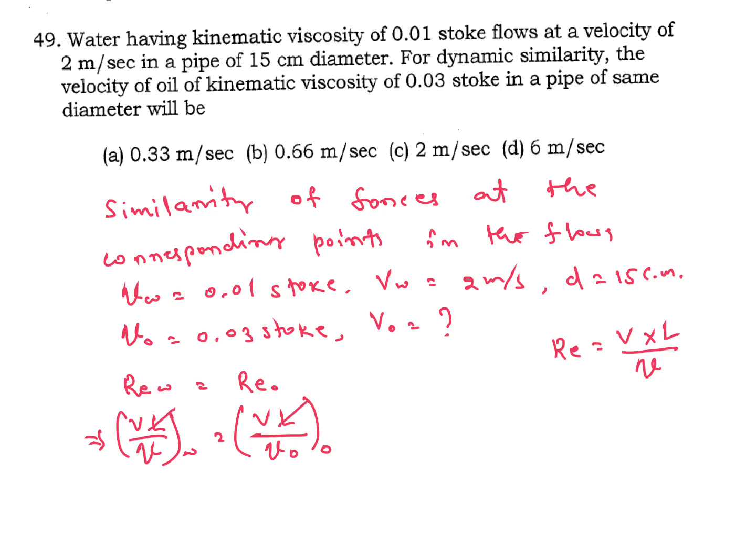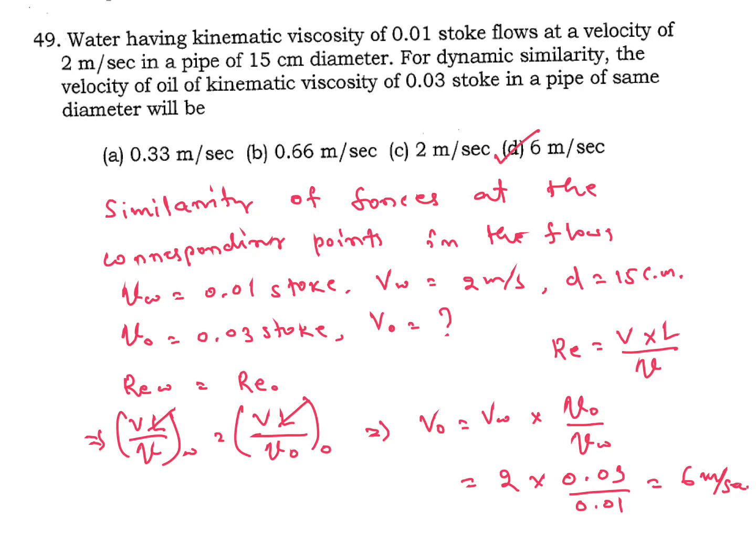We have to calculate Vo. Vo equal to velocity of water into kinematic viscosity of oil by kinematic viscosity of water. It's 2 into 0.03 divided by 0.01. So 2 into 3, 6 meter per second. So option D is our answer.